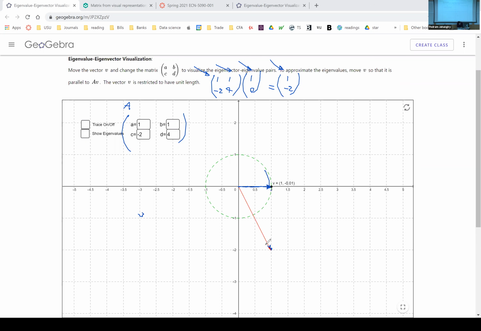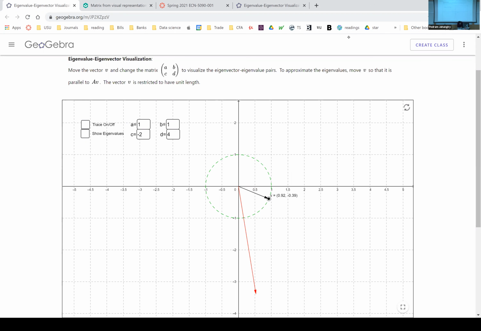I hope that this works. Wow, it's annotating, sorry. Let me clear all the annotations. You see, if I change the V and then apply the matrix A transformation, the AV is going to change. Are you following? And pay attention, there are 2 times in this setup that AV and V are exactly in the same direction.